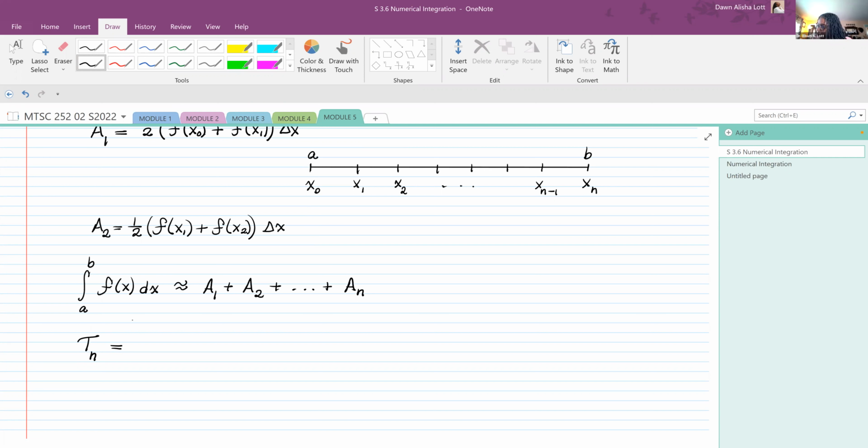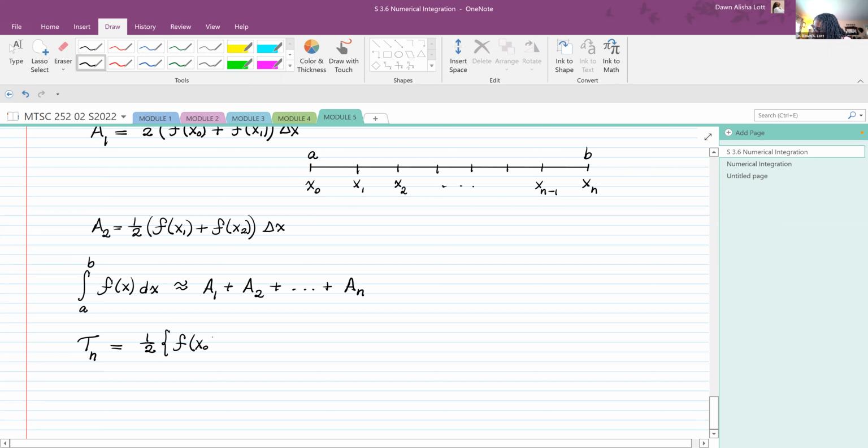So for A1, I'm going to get 1/2 f of x0 plus f of x1. For A2, I'm going to get 1/2 f of x1, sorry, plus f of x2.